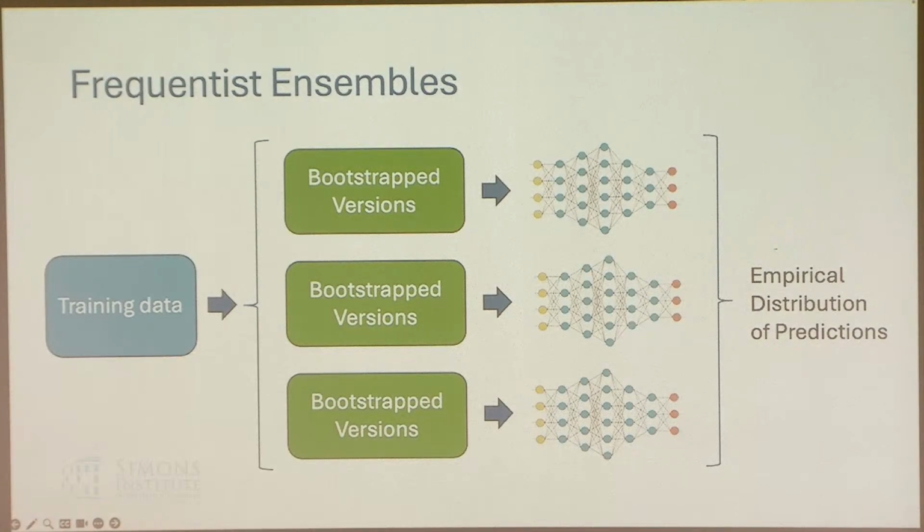At any iteration in the experiment design process, I have our current training data, and I simply bootstrap. I create a few different versions of my training data, I train my neural nets, each of which is initialized randomly, and it predicts a portfolio of predictions. I could treat this as an empirical distribution of predictions, and I could do uncertainty quantification reasoning with this empirical distribution. So mechanically, it looks very similar to being Bayesian, except that everything is just frequentist.